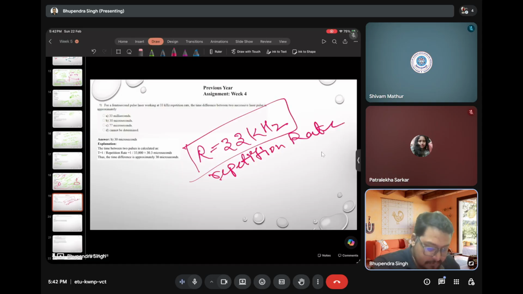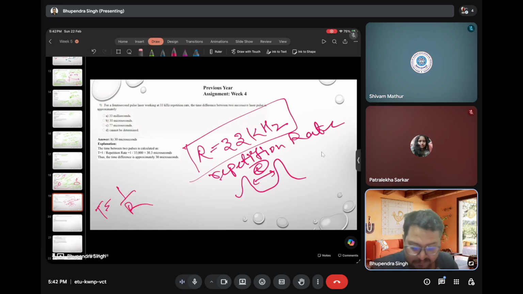The time difference between the two successive laser pulses, this is simple. It is just 1 by tau. T equals 1 by repetition rate. You can calculate it. This is given as 33 kilohertz, so 33,000. Divide this, you will get 30 microseconds. So the answer would be B.